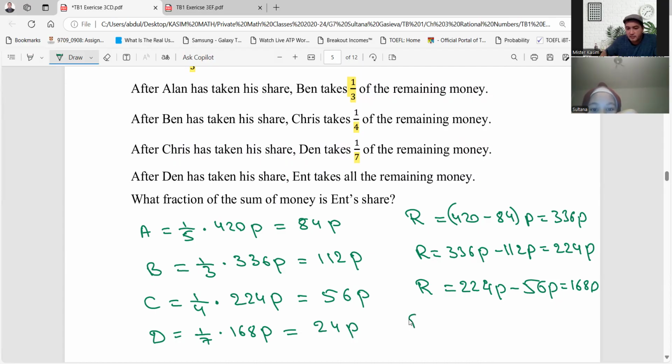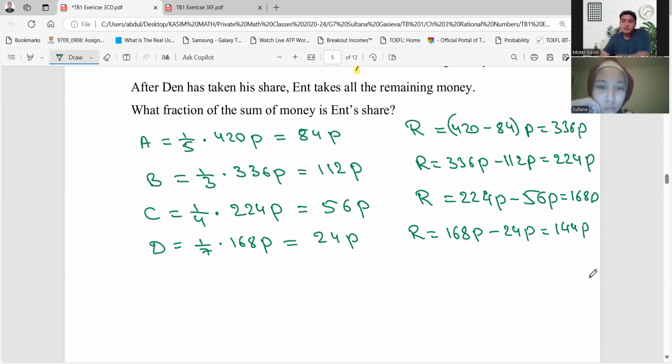So the remaining money then is 168p minus 24p, which is equal to 144p, right? Okay. So that's it. And now it says that E got the remaining one. So we got this much, 144p, right? Now what is the question? Can you read the question?